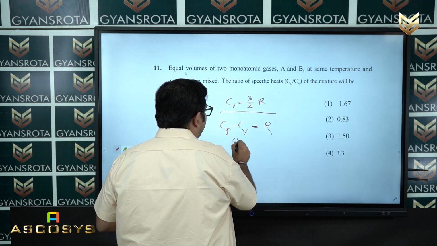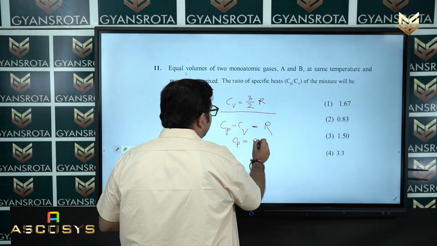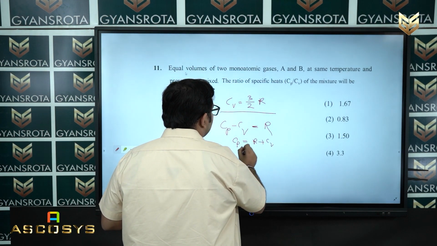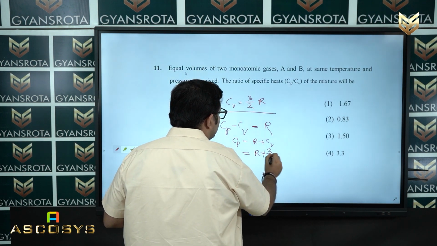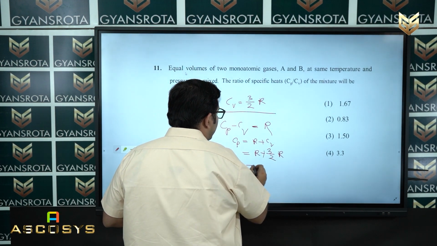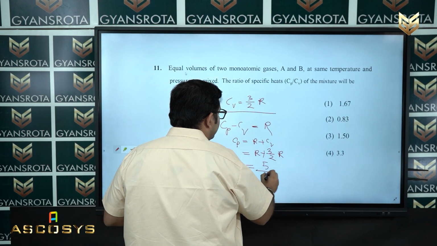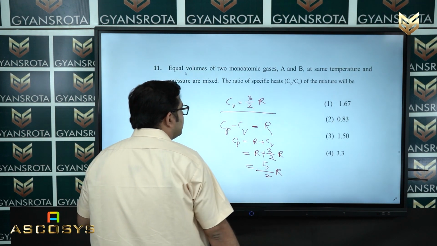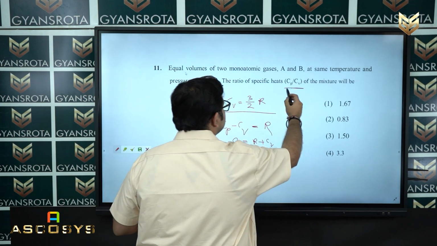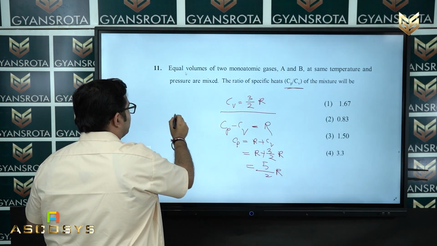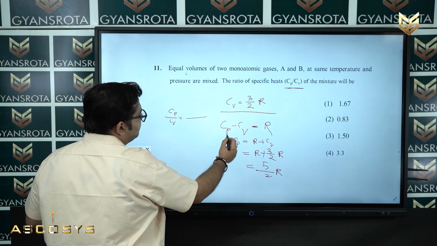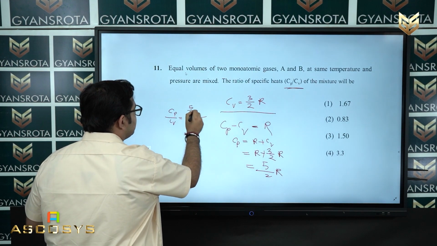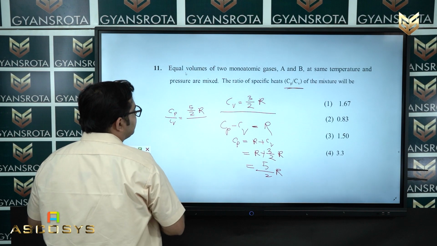If I want to find Cp, that is R plus Cv. R plus the value of Cv, that is 3 by 2 R, we end up with 5 by 2 R. Now what do we require? We require Cp by Cv. So what is the value of Cp here? That is 5 by 2 R. What is the value of Cv?